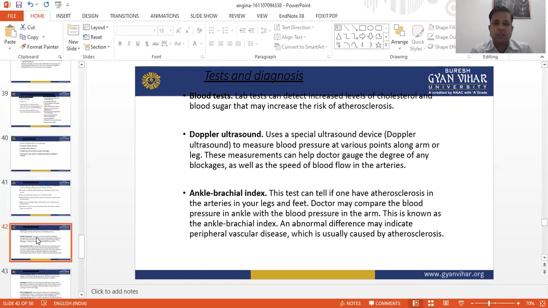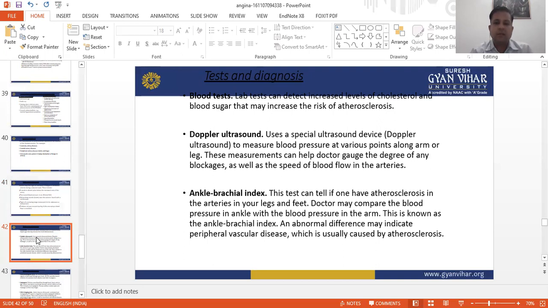Doctors use a special ultrasound device, called a Doppler ultrasound, to measure blood pressure at various points along your arms or legs. These measurements can help doctors gauge the degree of any blockage as well as the speed of blood flow in the arteries.